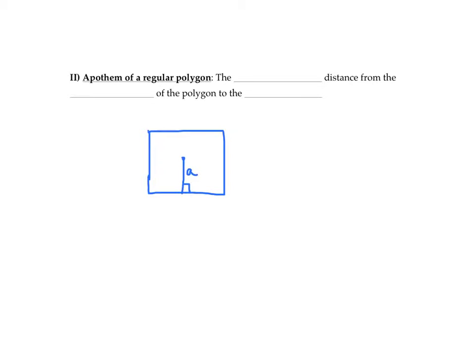So again, it's the perpendicular distance from the center of the polygon to the side. Now, when we talk about the center, we usually think of a circle.